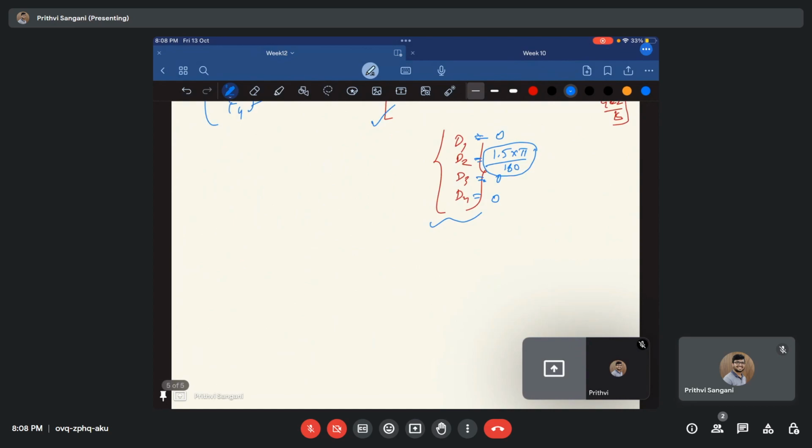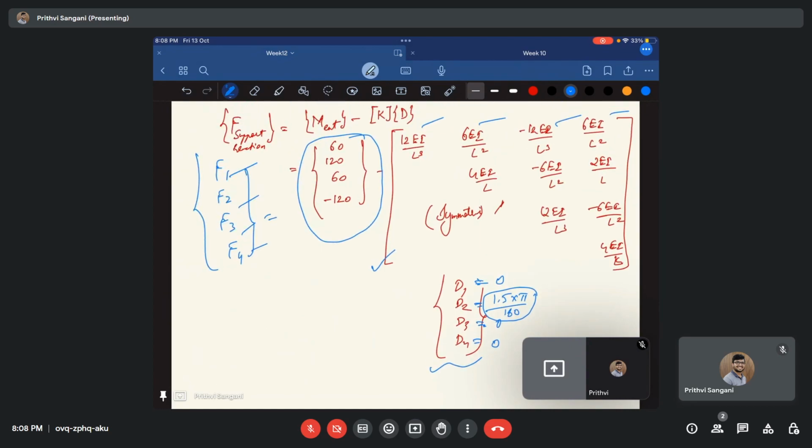So that is about the stiffness matrix for the beam members. Let us also try to generate the stiffness matrix for a frame member. We'll solve an exceptional case, because I don't want to touch on the transformation matrix and all.